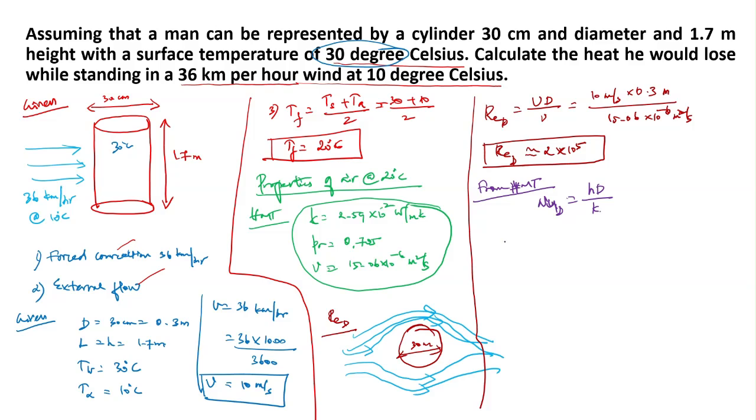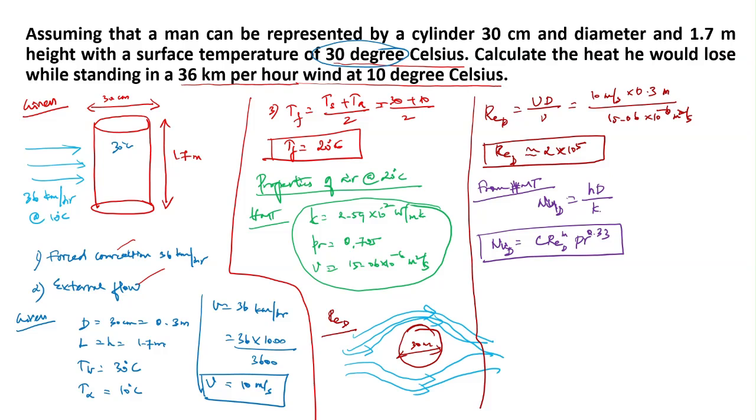So we are going to find the Nusselt number at diameter D, which, as you already know, is C into Re power m into Prandtl number power 0.333. This is the generalized form of the Nusselt number in the case of cylinders.